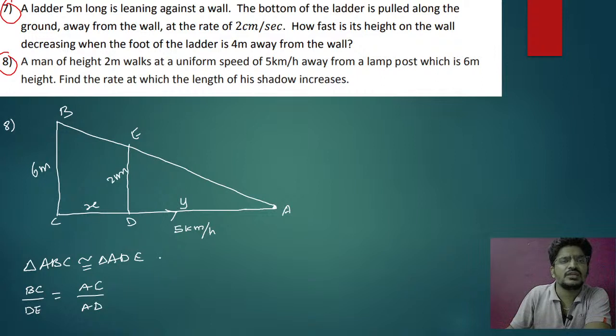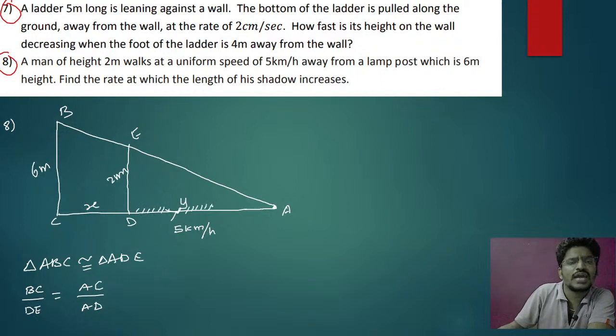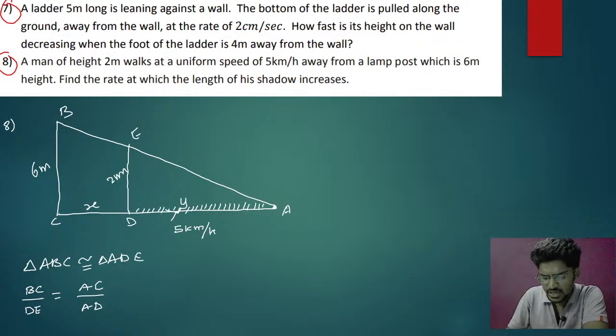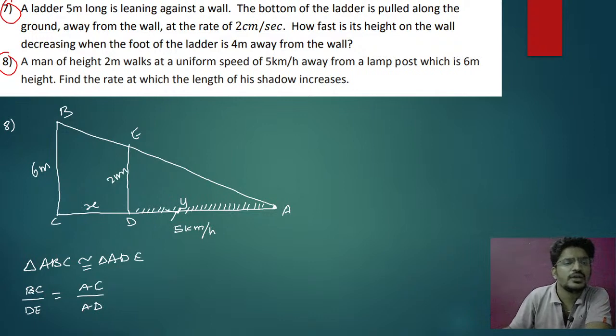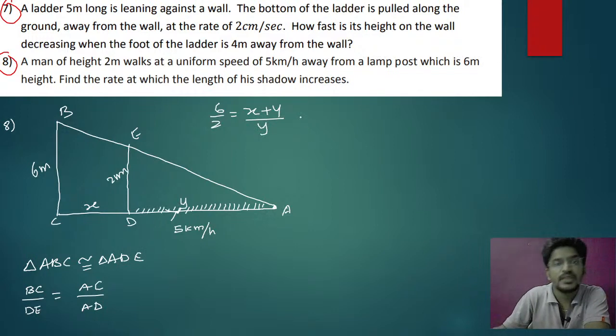Now you have to find the rate at which the length of the shadow is increasing. That means the shadow will be present here, so you have to calculate the rate of change of Y. So BC by DE is 6 by 2, equal to AC, the length of AC will be X plus Y, divided by the length of AD, which is Y. So 6 by 2 is 3, equal to X by Y plus 1.